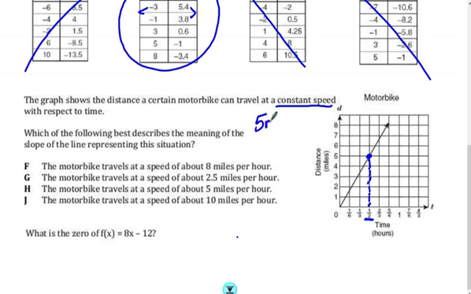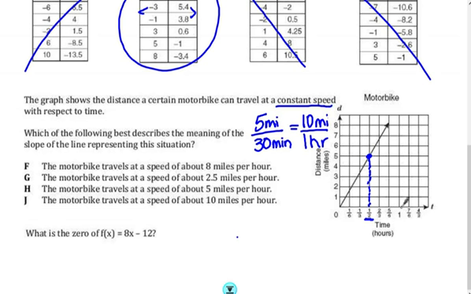Okay, so I went 5 miles in 30 minutes. Alright, so how could that translate for a full hour if I'm trying to figure out how many miles I can go in 1 hour? Well, if I went 5 miles in 30 minutes, that means in 1 hour I could go 10 miles, right? We're just doubling it. So that means this guy's going 10 miles per hour.